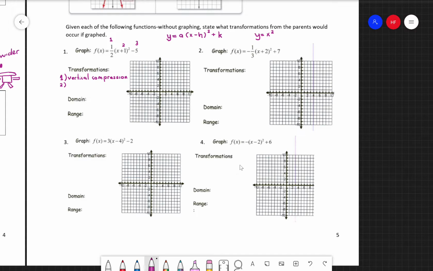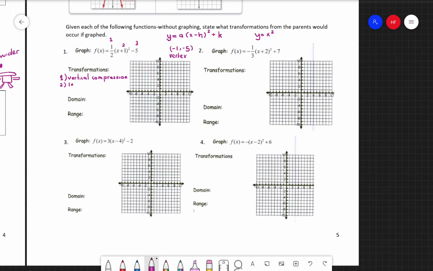2, we have x plus 1 squared. So if x is plus 1, then we have a -1, -5 for the vertex. So moving from 0 to -1, I am moving to the left.